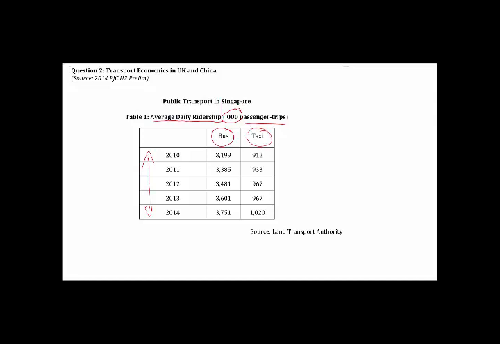And one thing is very clear here. If you look at the numbers for average daily bus ridership, you can see that the numbers have been on the rise. Likewise for taxi. Both numbers have been rising. So that's something that we want to bear in mind as we analyze our subsequent extracts.